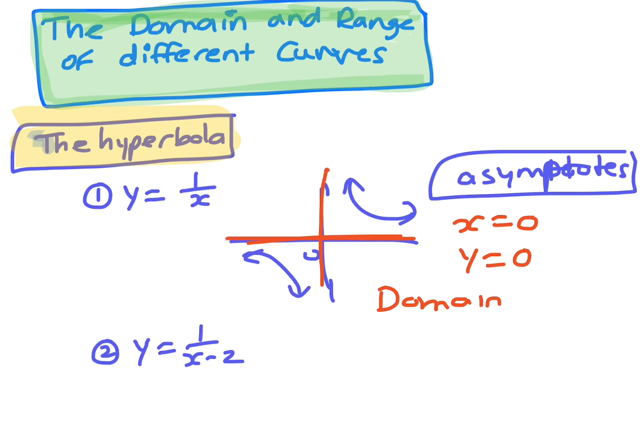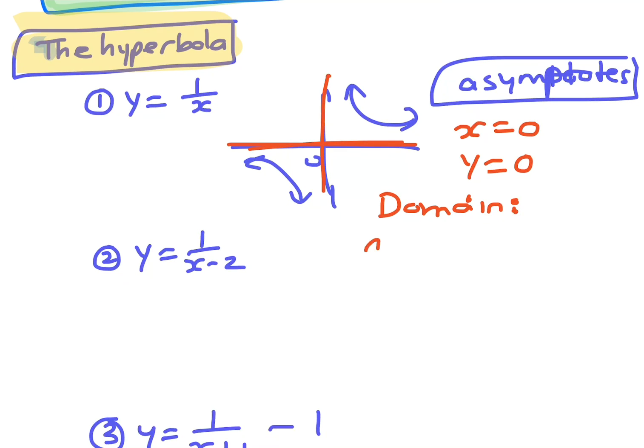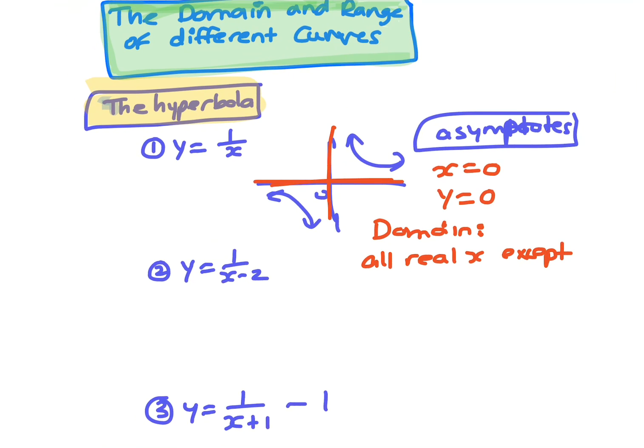So when you're getting the domain, it is all real x except x equals 0. And you could also write that in interval notation: minus infinity to 0 and then 0 to infinity.